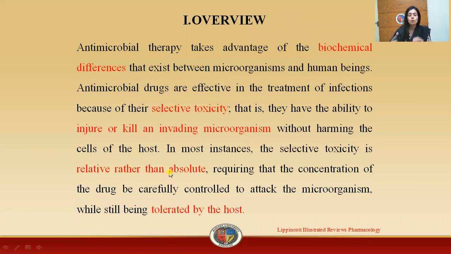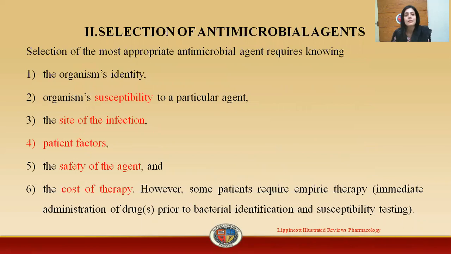They don't show absolute toxicity towards the bacteria. Even then, they have the ability to show some effects in your cells as well, probably at higher doses. These are the questions we will discuss when we discuss the chemotherapeutic agents. So selection of antimicrobial agents is very important.